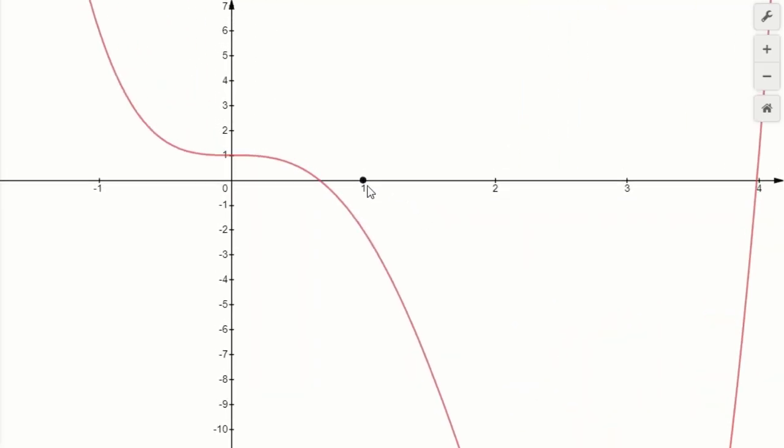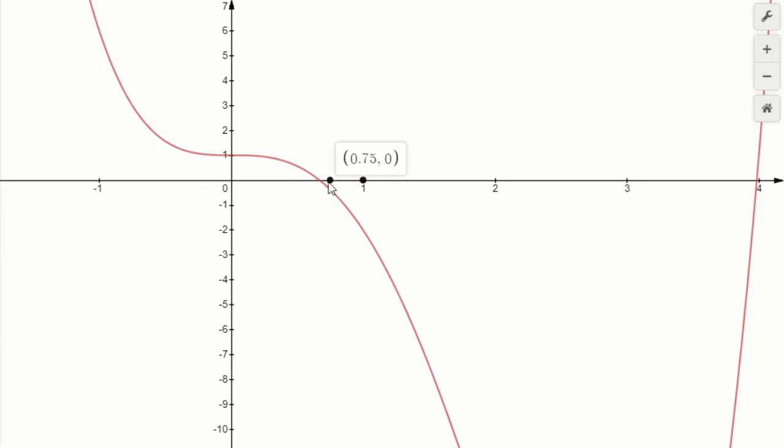That was only our starting point, and it was quite a way off from the actual solution. But now x1 after calculation, this new point here, is x1. So in coordinates, it's 0.75 comma 0.